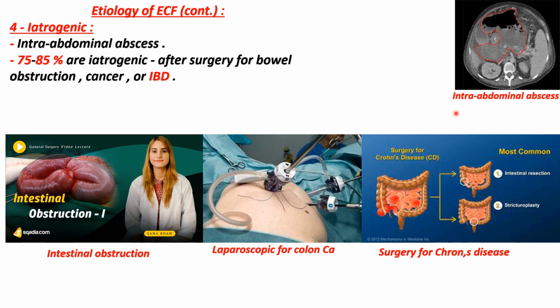We are seeing here a case of intra-abdominal abscess, and a case of intestinal obstruction. We are also seeing a case of laparoscopic surgery for colon cancer, and a case of surgery for Crohn's disease.